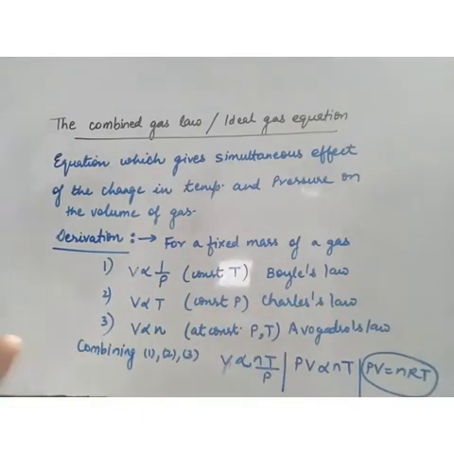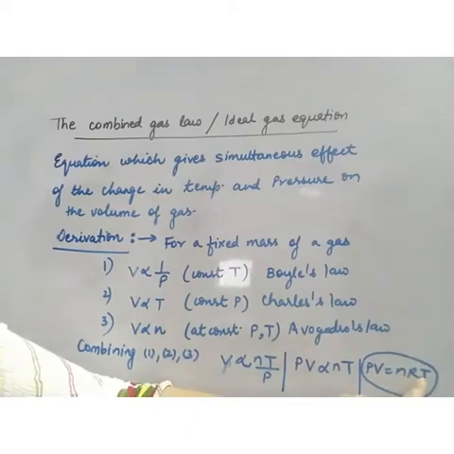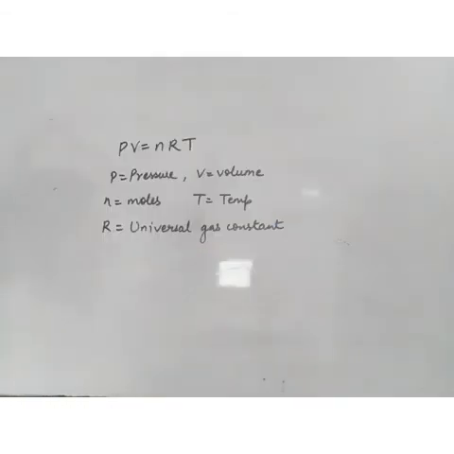Now, follows this equation means the product of pressure into volume should be equal to moles into R into T. R here is a constant, a very special constant, and we are going to discuss this R in detail. So the equation is PV is equal to nRT. P here is pressure, V is volume, n is number of moles, T is temperature, and R is known as universal gas constant.